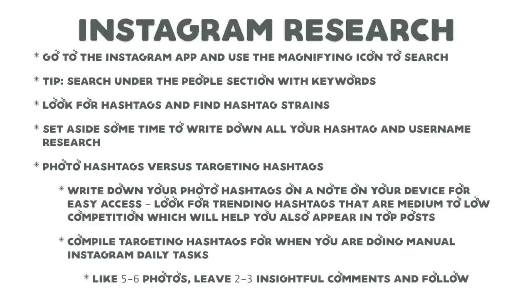You can post up to 30 hashtags, so you can have like 10 that are low competition and maybe 20 that are medium competition, and copy and paste them right away into your comment, because your hashtags appear according to the date you posted the photo, not when you posted the hashtags themselves.